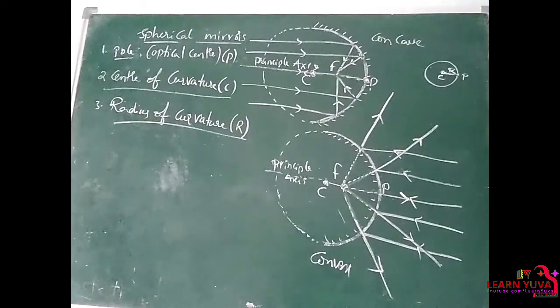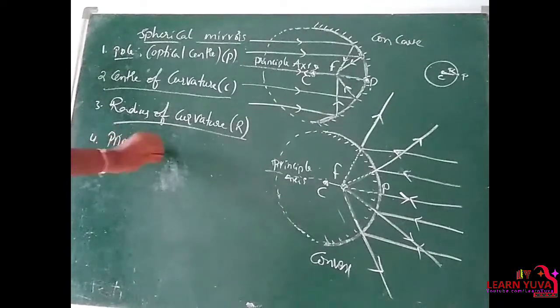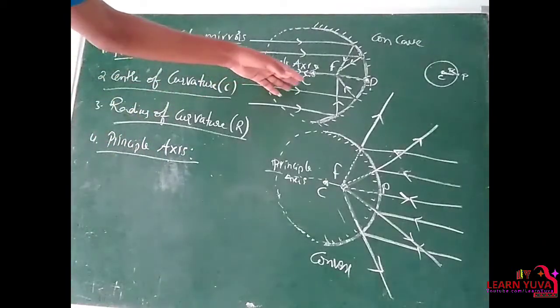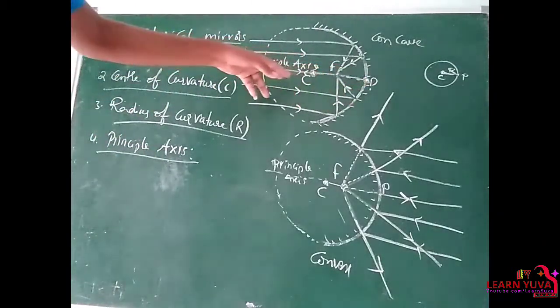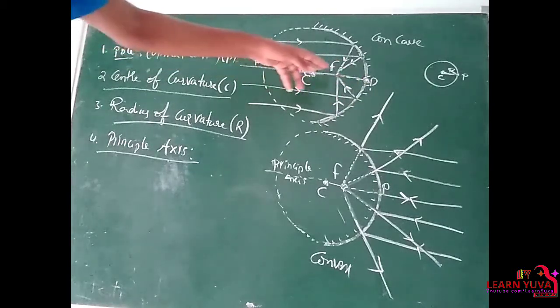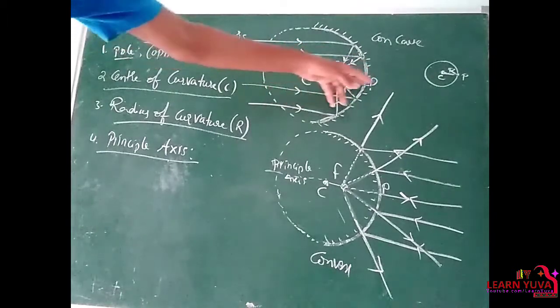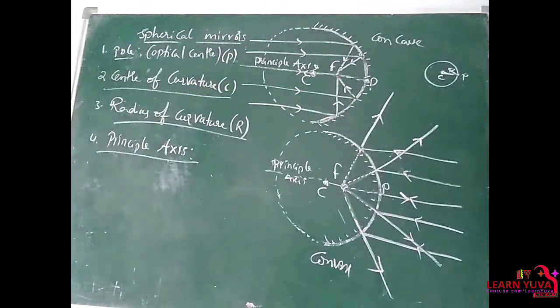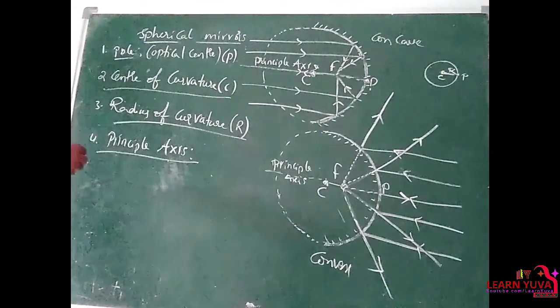Clear? Next, principal axis. The principal axis is the line joining the pole and the center of curvature. Clear? Next one, aperture.